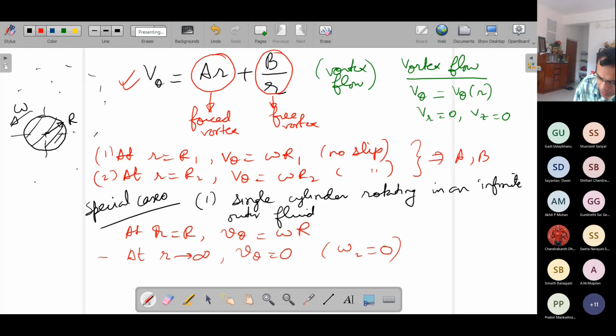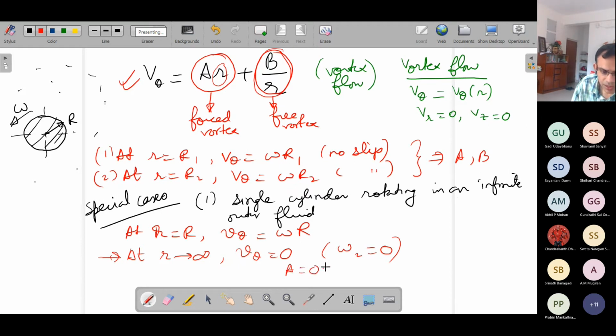But this one, if you substitute here, so at r tends to infinity, this term will anyway be 0. It will not create any problem, but it will create a problem if at r tends to infinity you want to set v theta equal to 0. The only possibility is that A is absolutely 0.